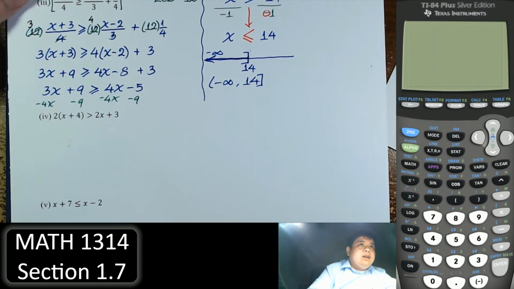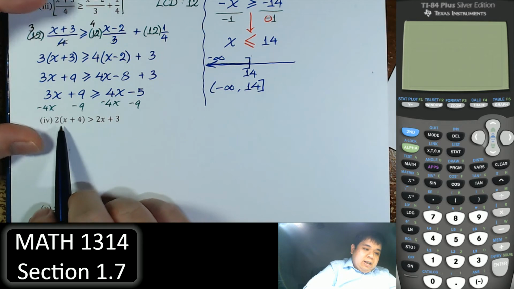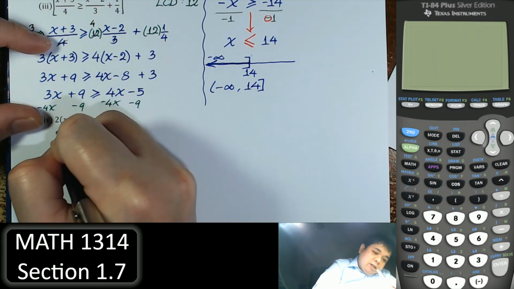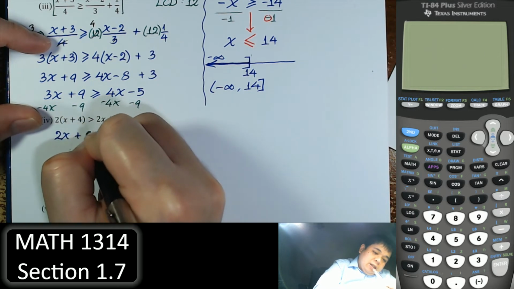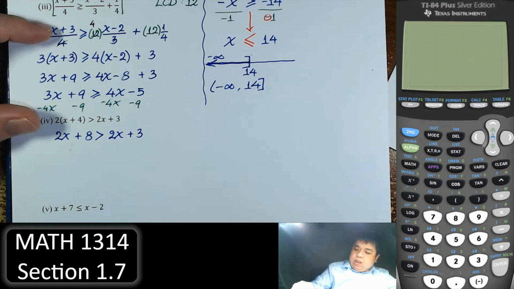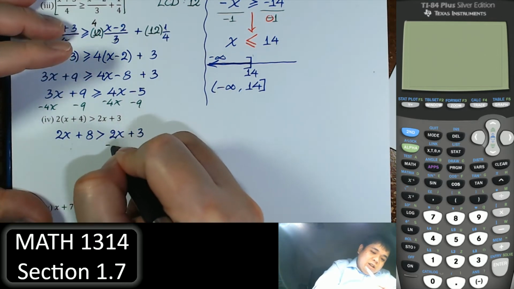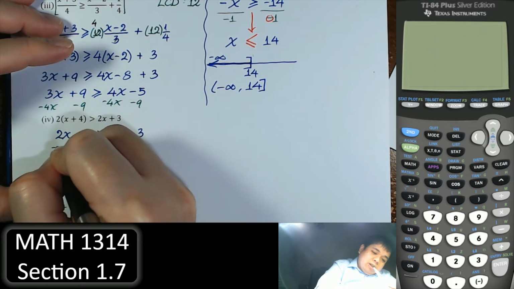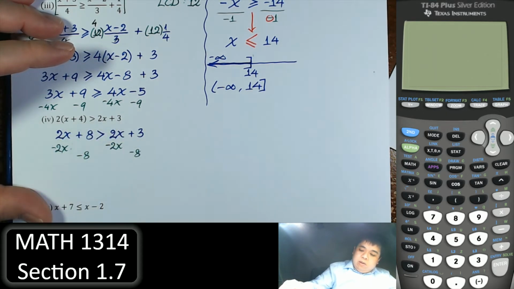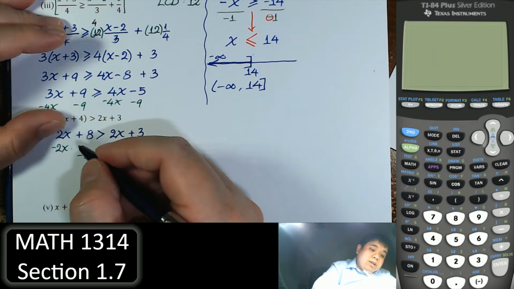Right. Here, same thing, multiplied out, we have 2x plus 8 greater than 2x plus 3. And once again, we try to move x to one side. So subtract 2x and minus 8. That cancels out.